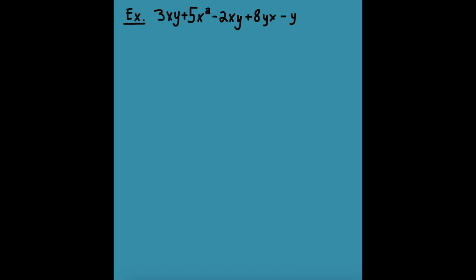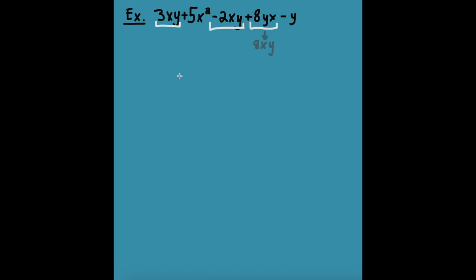Now, what are the like terms in this problem? The like terms are 3xy, negative 2xy, and positive 8yx. 8yx is equal to 8xy, which falls in the same category as 3xy and negative 2xy.